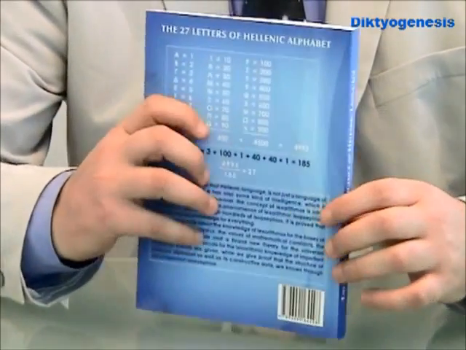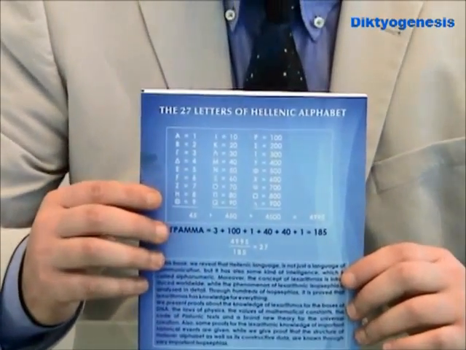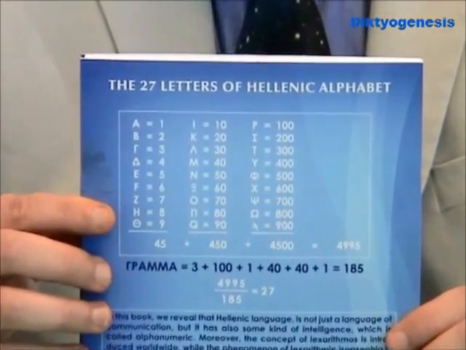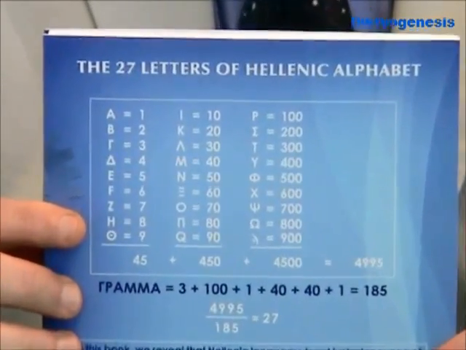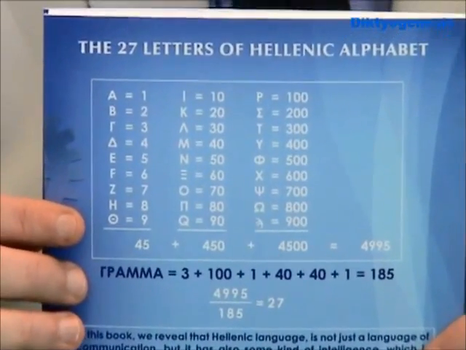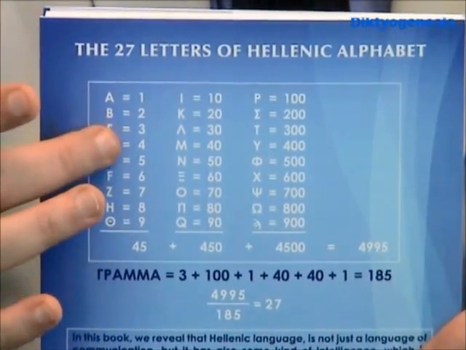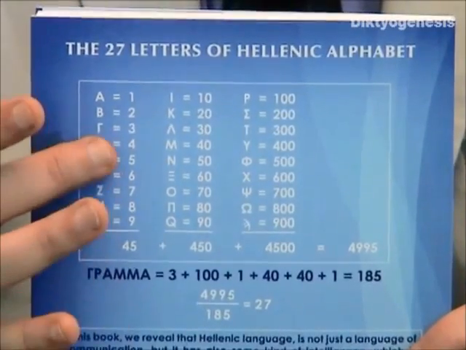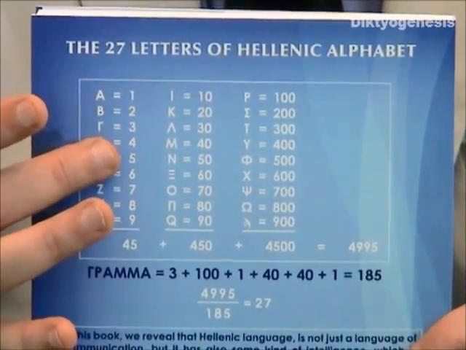The Hellenic alphabet consists of 27 symbols or letters, starting from alpha and ending with omega and sampi. The first 9 letters from alpha to theta correspond to 1 to 9.